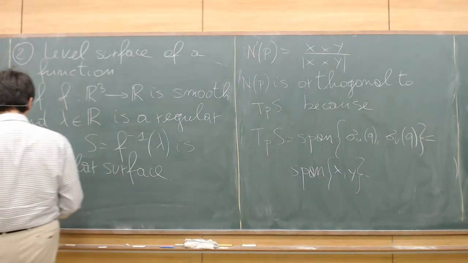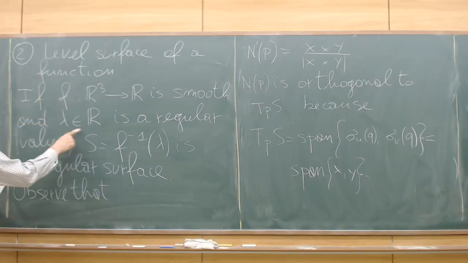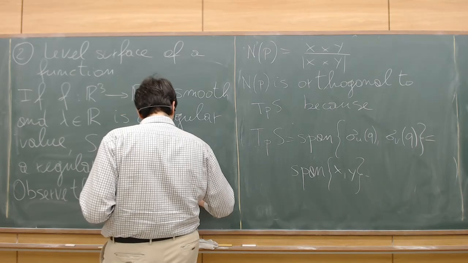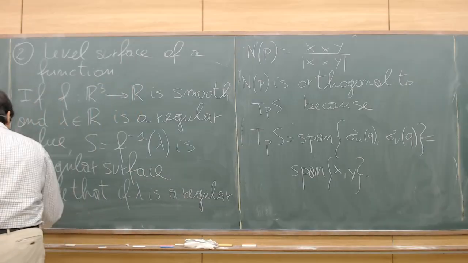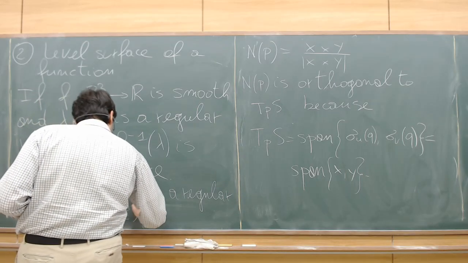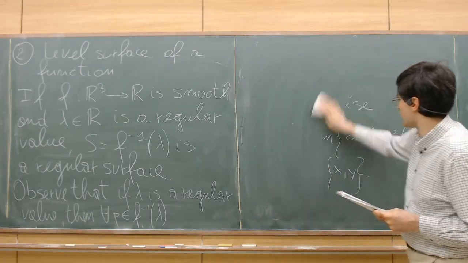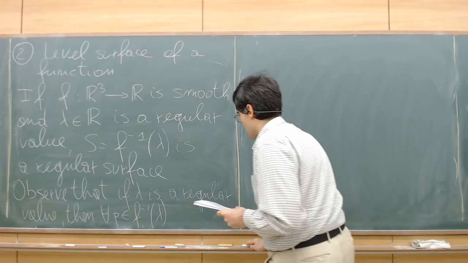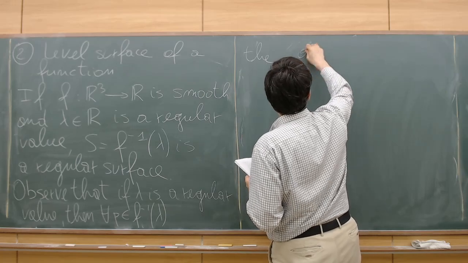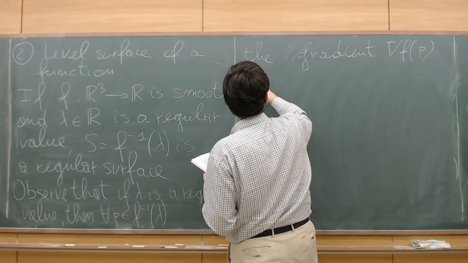In order to prove this, we observe that if lambda is a regular value, then for any p in f inverse of lambda, the gradient of f at p is non-vanishing.